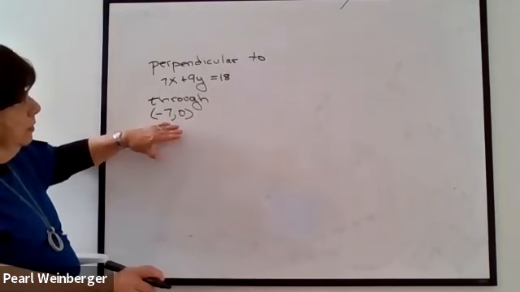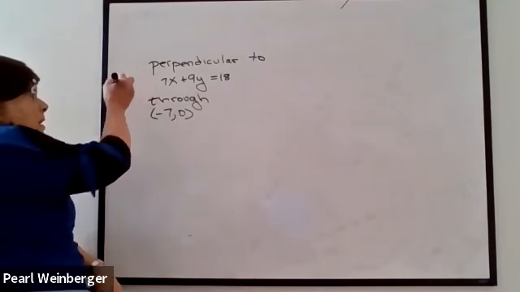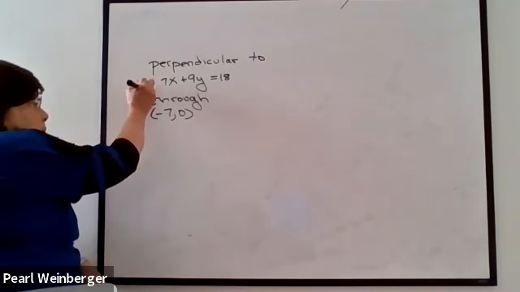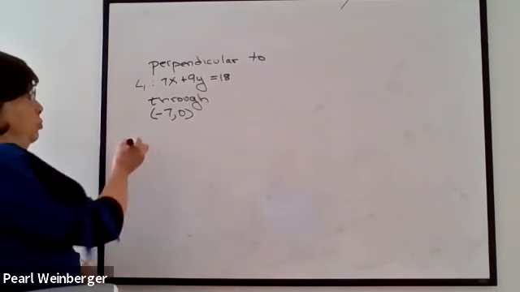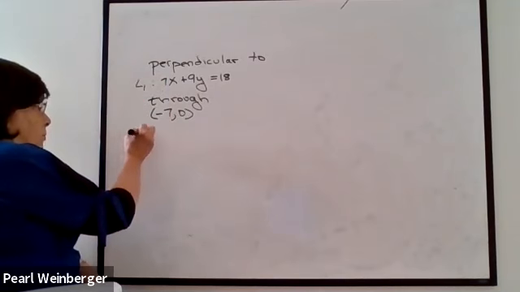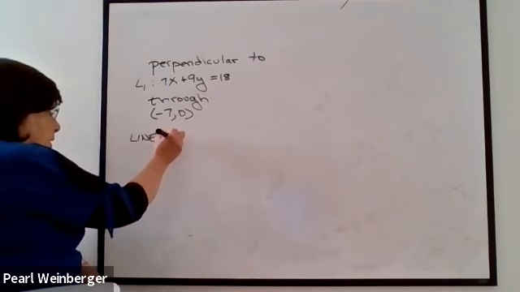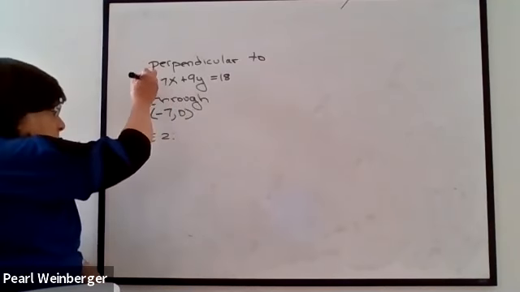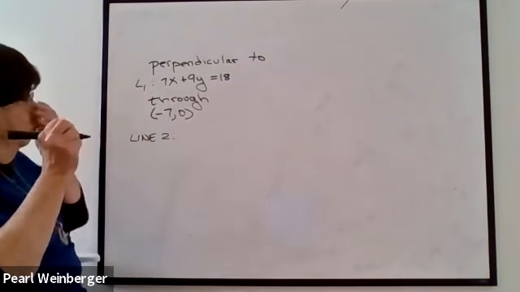They're giving me that the line goes through the point negative 7, 0. Again, this is my line 1. And the new line that I want to write the equation of, line 2, is going to be perpendicular to that line, and it's going to go through a point.